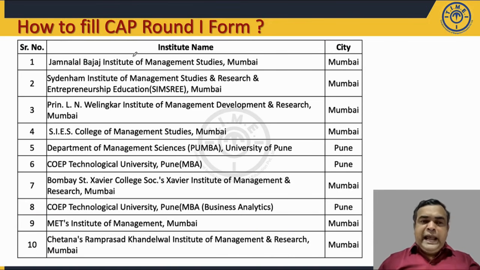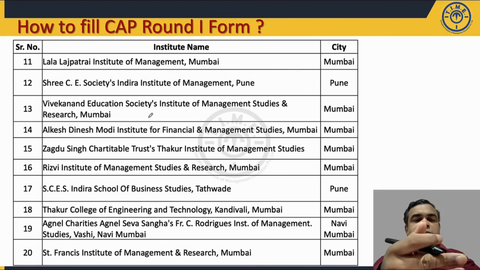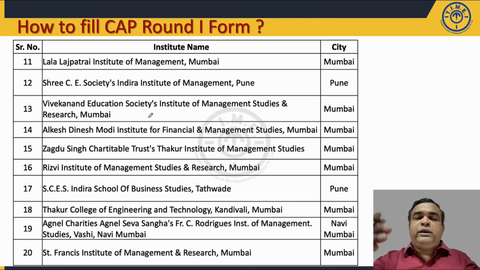Fine. Next. This is a list of colleges from 11 to 20. Now please understand, under Mumbai University or under this CAP round in Mumbai, Pune, Nasik, there are many colleges. But not all the colleges are good. So though I am putting them in a rank-wise order, it is very difficult to rank the colleges after the top 10.